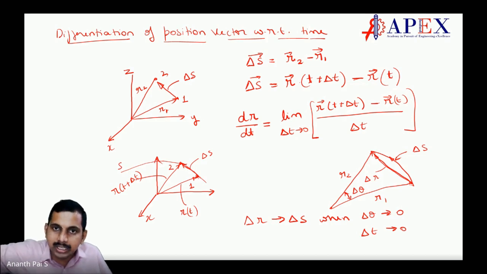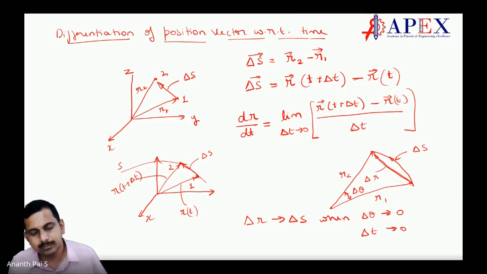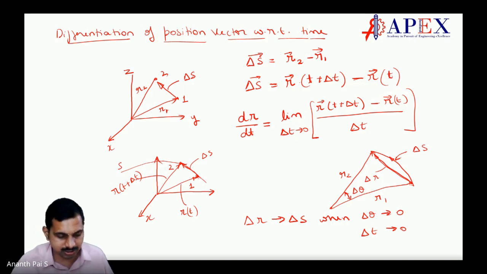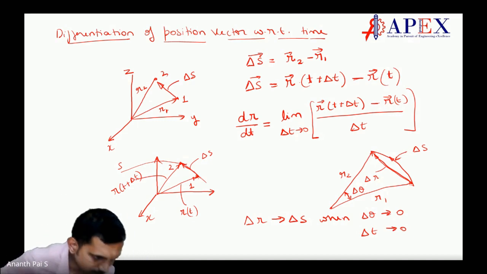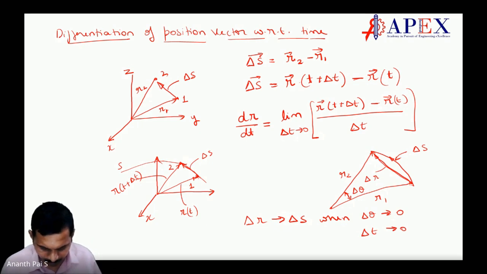When you go along delta s, what you're calculating is speed. When you're considering delta r by delta t, you're considering the velocity. Makes sense? Shall we go further? Everybody? Fine.